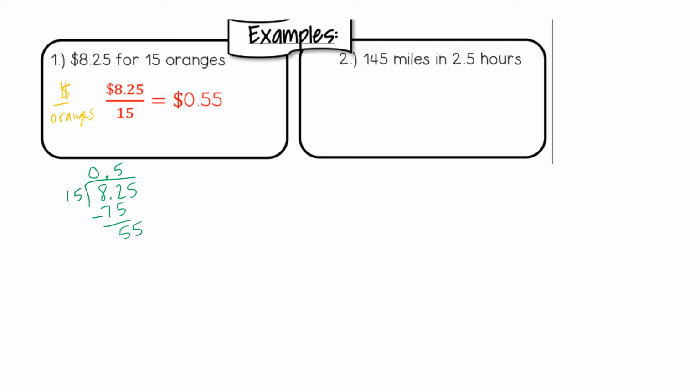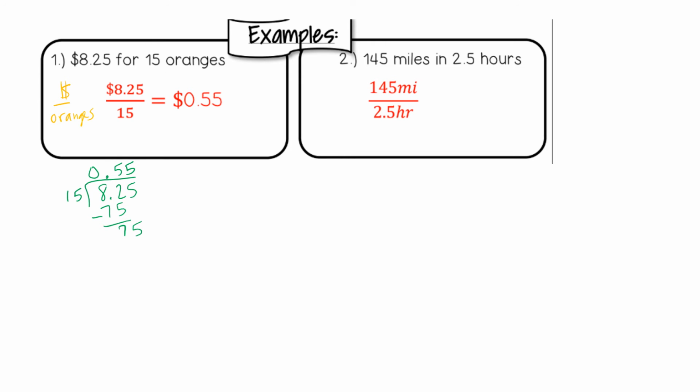So that was, oh, I see it right here. Yeah, that was supposed to be a 7. Caught it. And so 15 goes into 75 another 5 times, and there you go, 55 cents per orange. That's the unit rate.